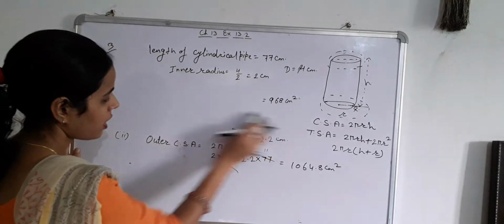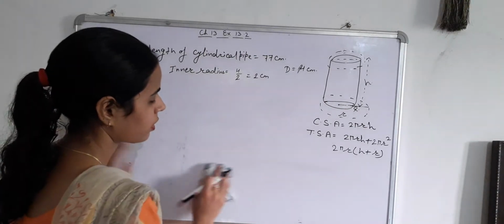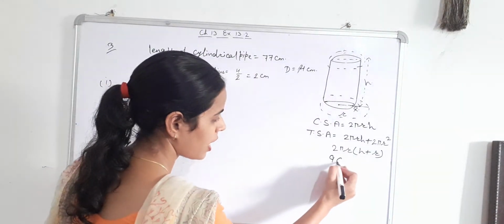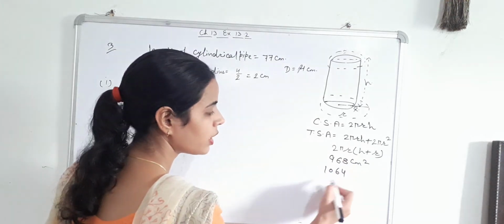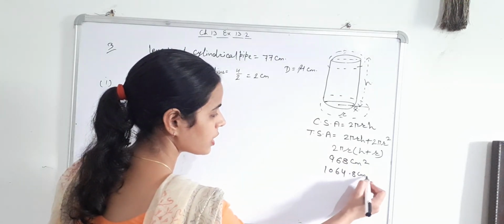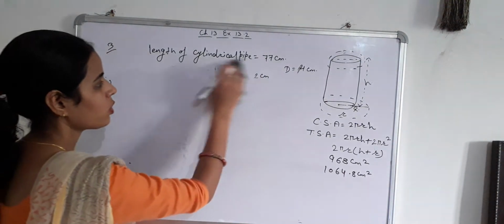Total surface area of this cylindrical part will be inner covered surface area 968, outer covered surface area 1064.8 centimeter square.